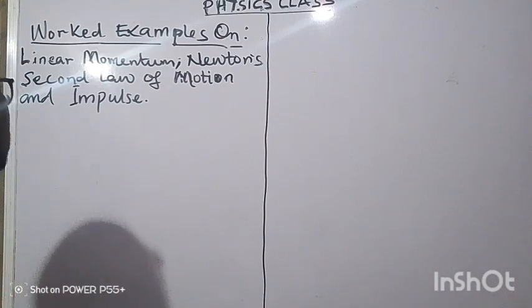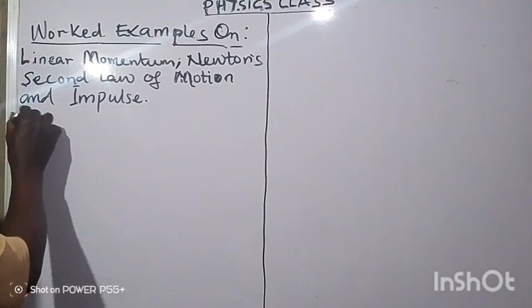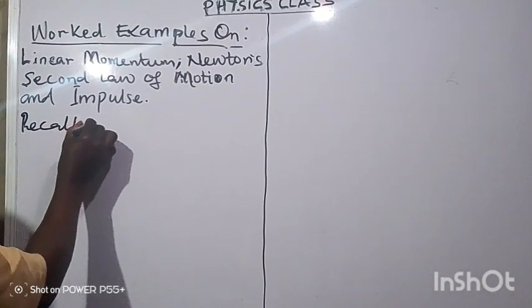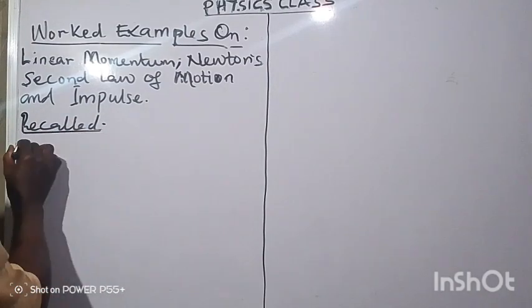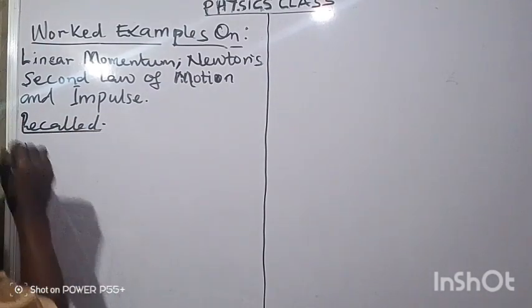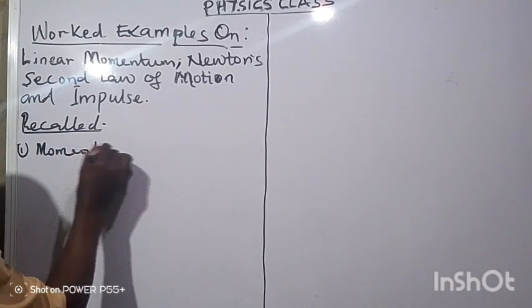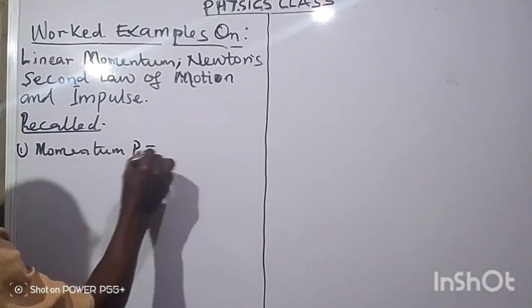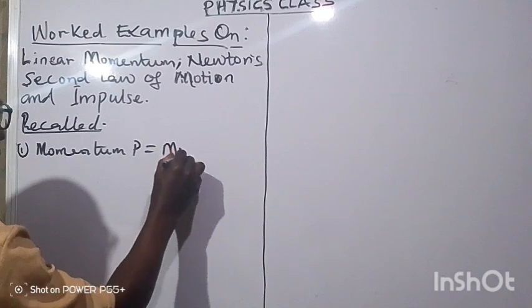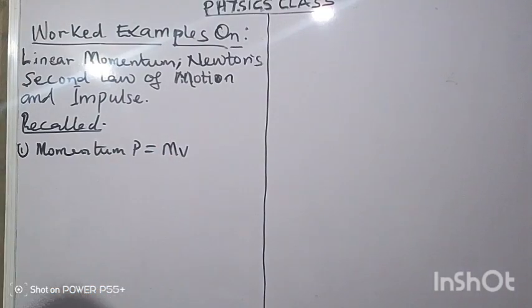So before we continue, recall, one, that momentum P is equal to mass times velocity of an object.